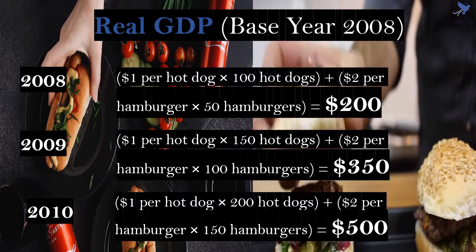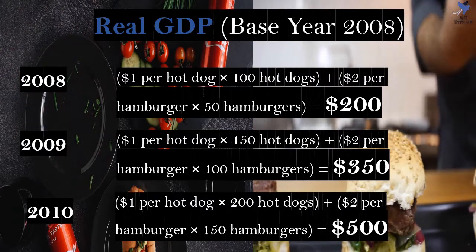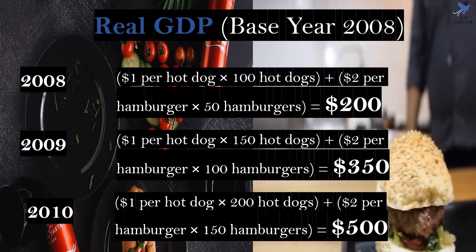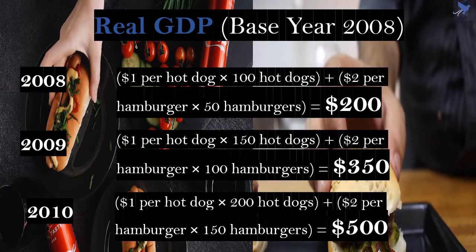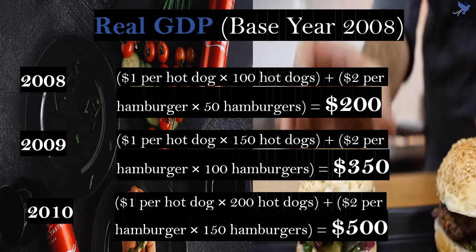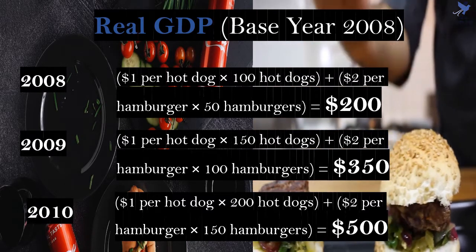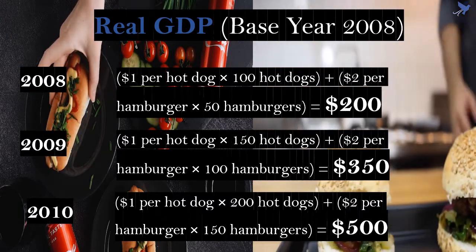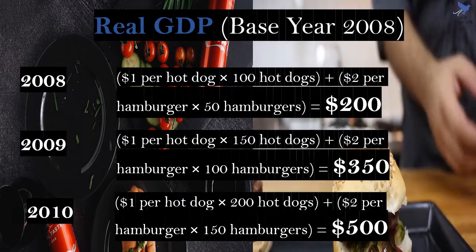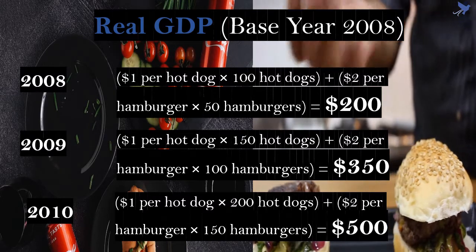Now why is that so? We can see it is because of the higher prices as compared to higher quantities that has increased nominal GDP, and because in real GDP we have adjusted for inflation, we have taken constant prices that gives us a true picture of the economy.